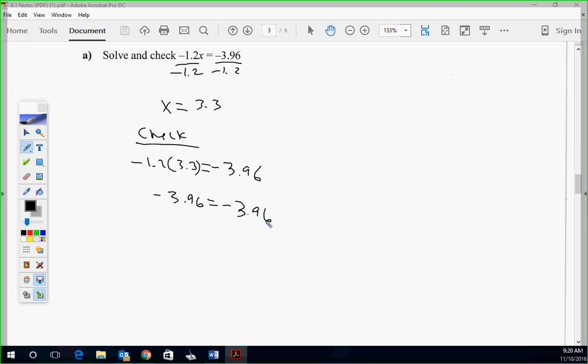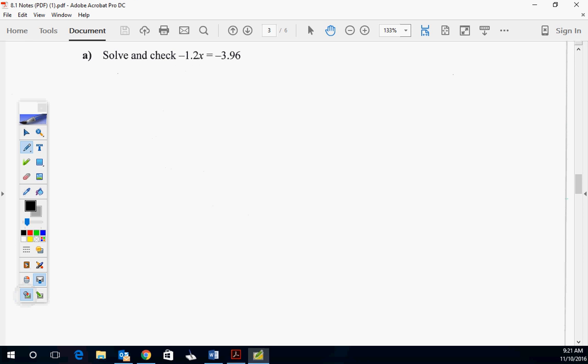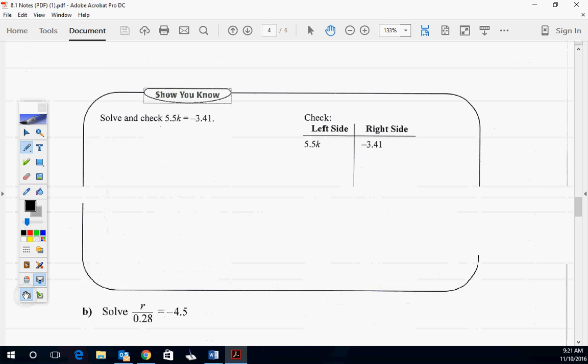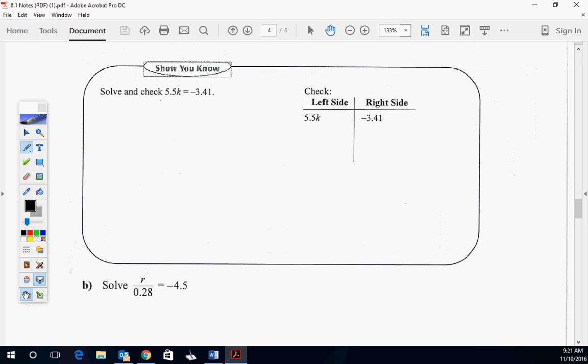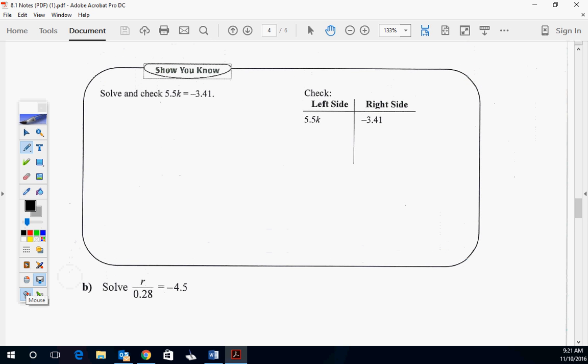Okay. Are we good? We're going through these ones a little quicker, a little bit more basic. This one down here we'll focus on though, okay? But go ahead and try the one you know here. I'll give you a second. Go ahead and try that one. Make sure you get that one right. All right, so first thing to do, divide by 5.5.